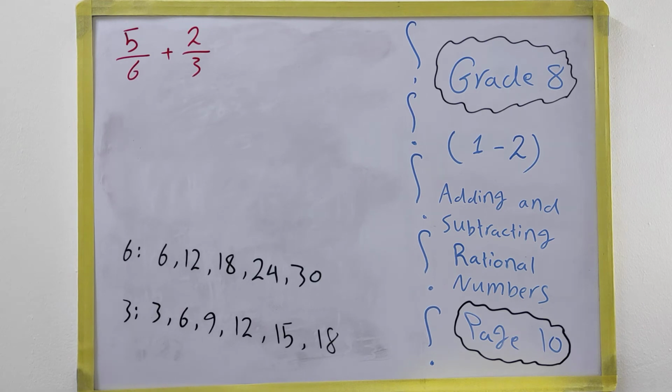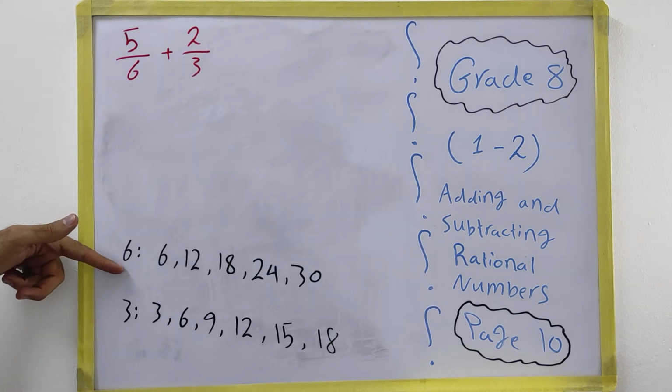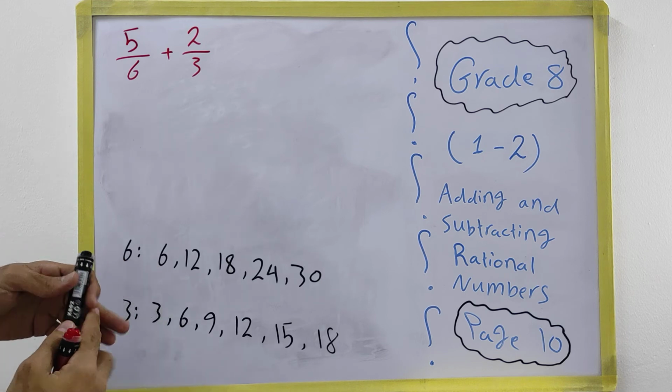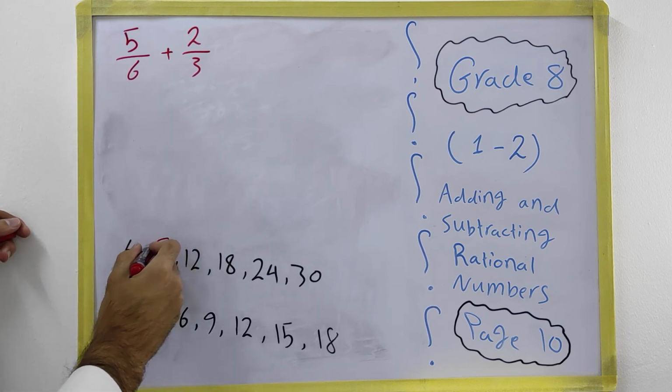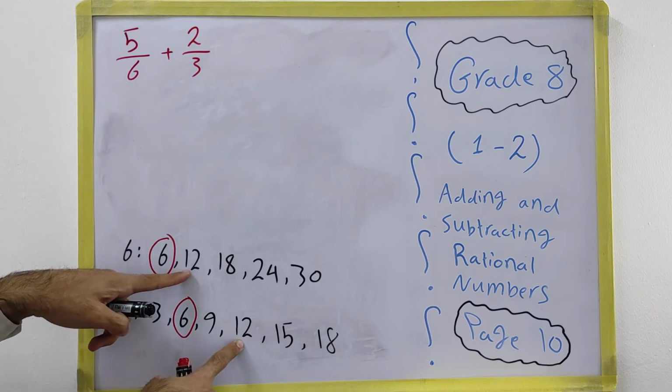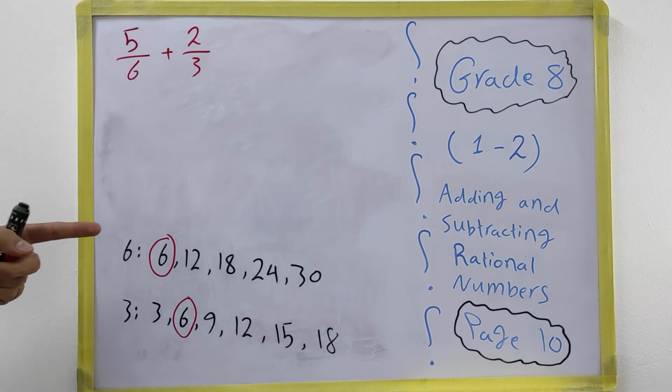Do we have the same multiple? We check from the beginning, from the greater number. Here we have 6, the first number. Yes, here we have it. So we will take number 6. We have others as well, 12, 18, but we take the smallest common multiple between them.